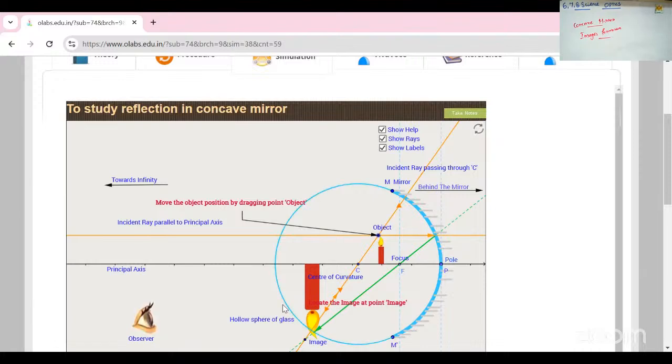Yes, inverted images occur when we keep the object between C and F. This is a real image. The real picture occurs, that is, a real and inverted image, a reverse picture, when we keep the object between C and F.